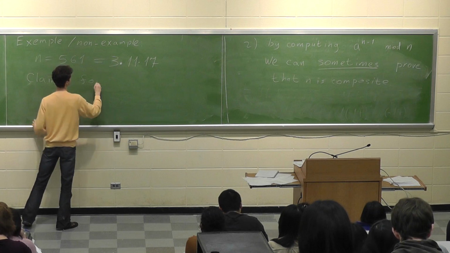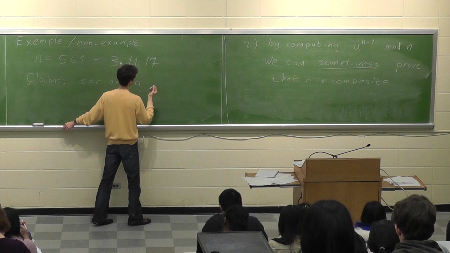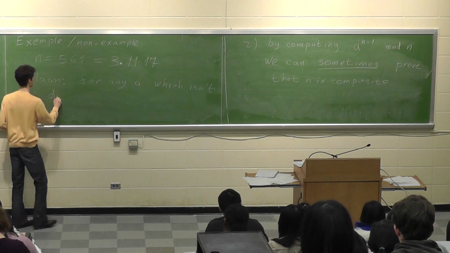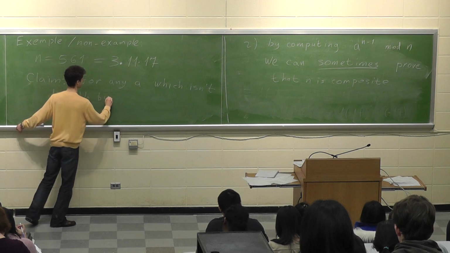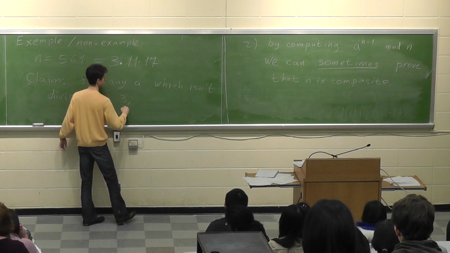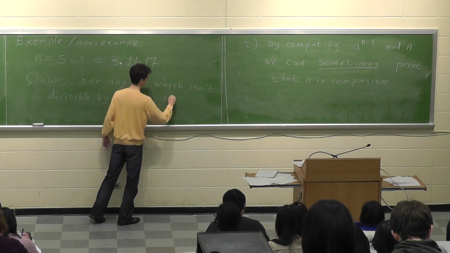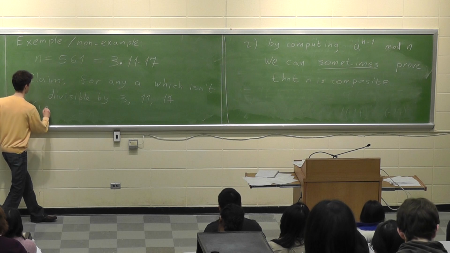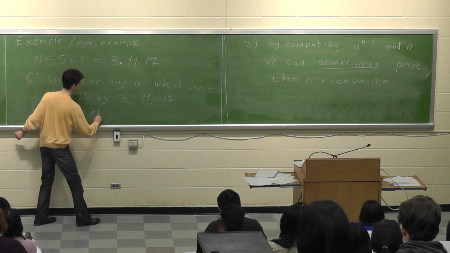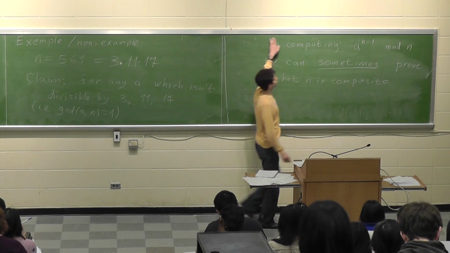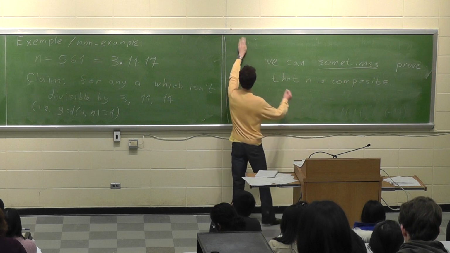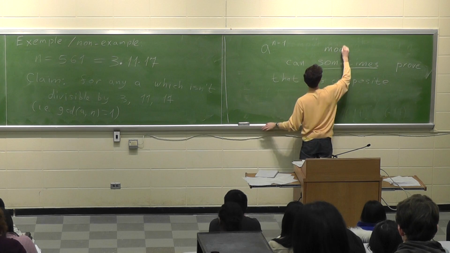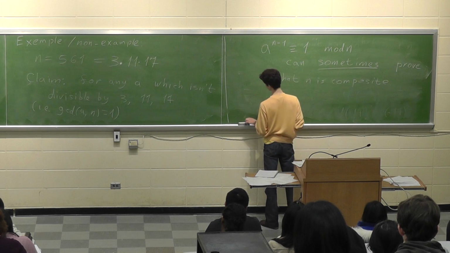For any a which isn't divisible by 3, 11 or 17, so any number a which is relatively prime to n, so we say that GCD of a and n is equal to 1, it turns out that in this example, if we compute a to the power n minus 1 modulo n, we always get 1.